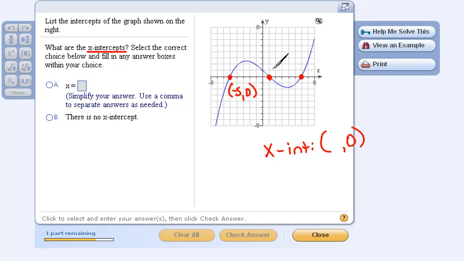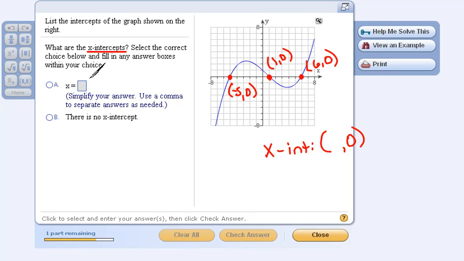This point right here would be the point 1, 0, and this point here would be 6, 0. So it looks like our three x-intercepts here are at negative 5, 0, 1, 0, and 6, 0.